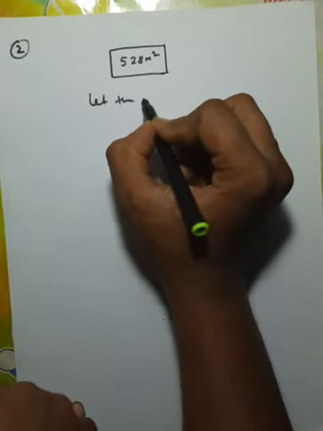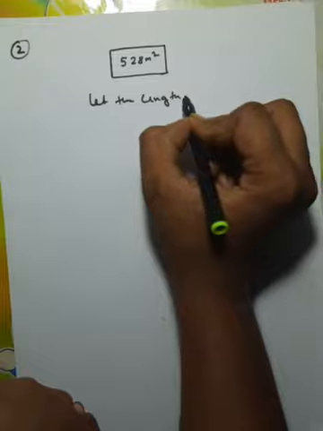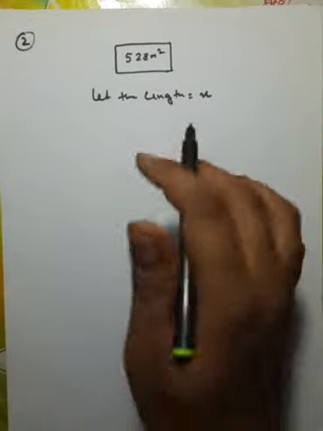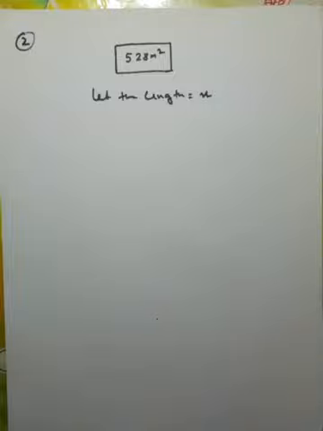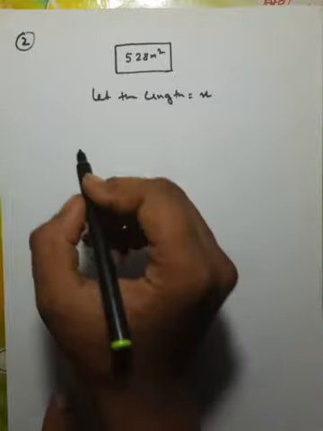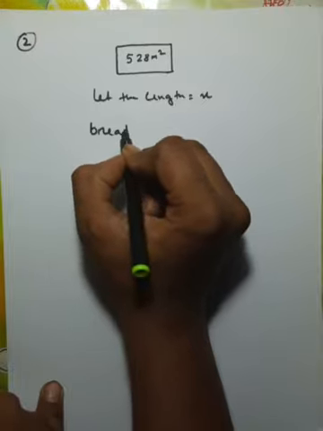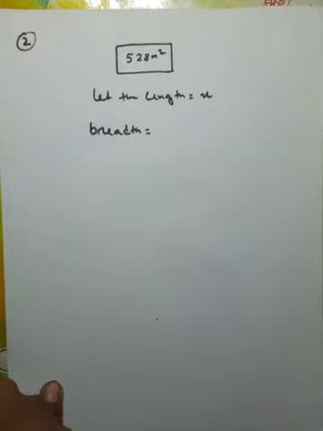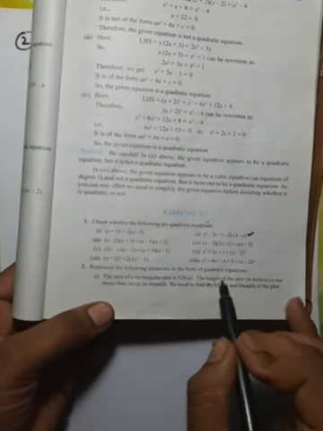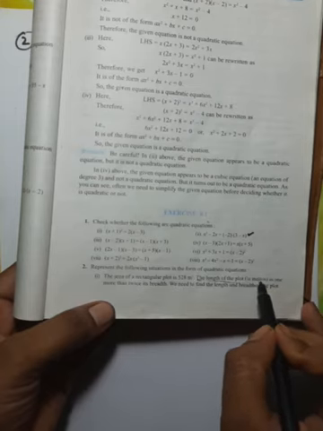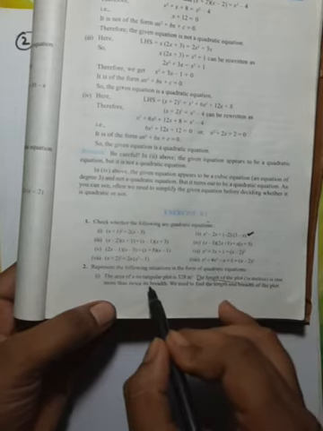the length be x. Okay, so let us take the length of the field as x, then its breadth will be how much? See, the length of the plot is 1 more than twice its breadth.